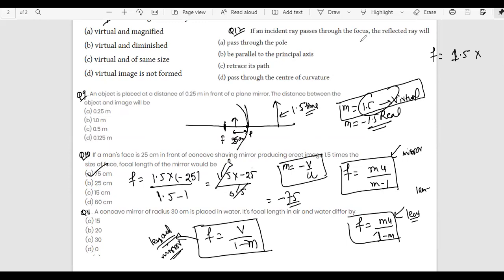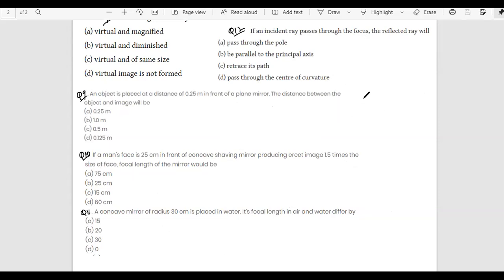Okay. So what do you mean by the statement focal length? Actually, let's suppose we have a circle here, beta. And in this circle, this portion is actually the mirror.